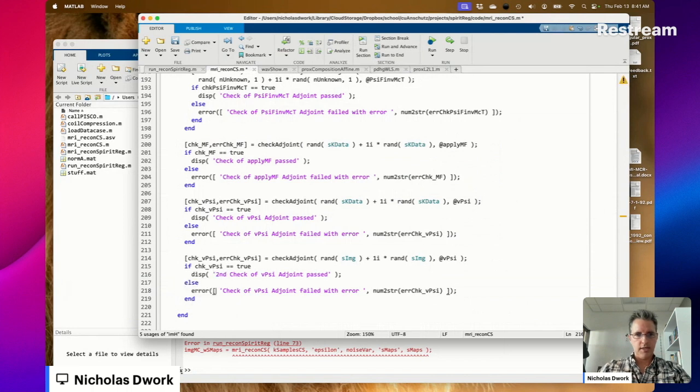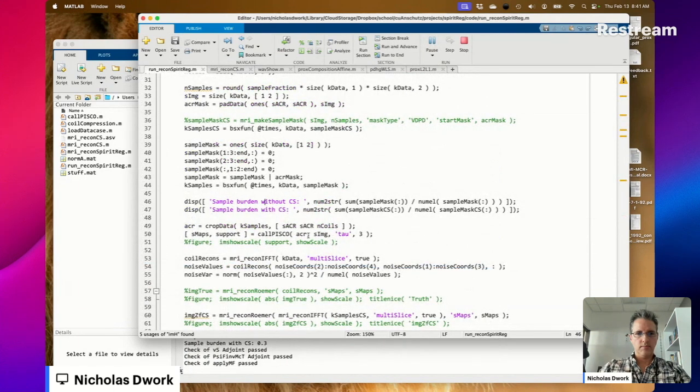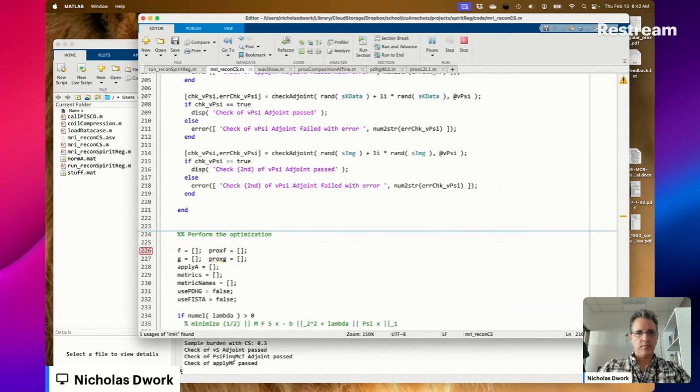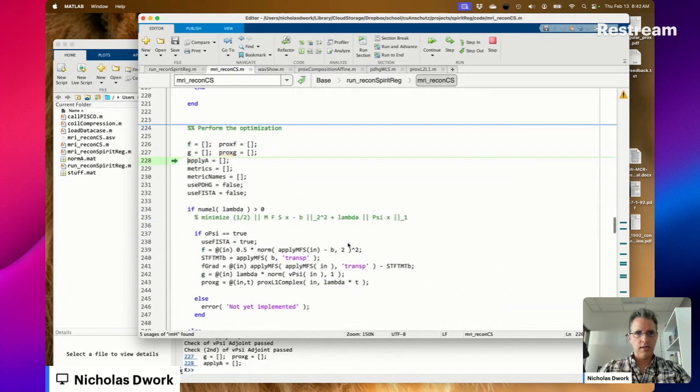Second check. Check, second check. Check, check second of VSVP. Okay, it works.